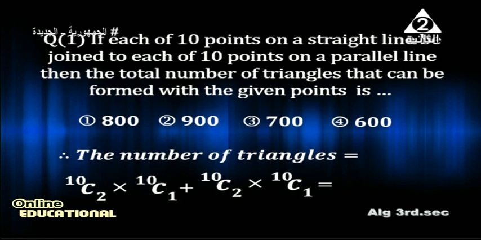We know that in this case we have 10 points. The rule is 10C2 times 10C1 plus 10C2 times 10C1. By using the calculator, the answer is 900.